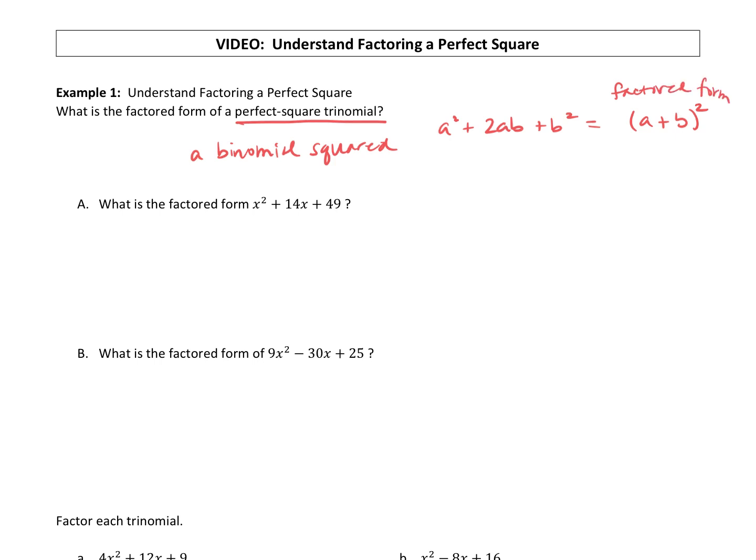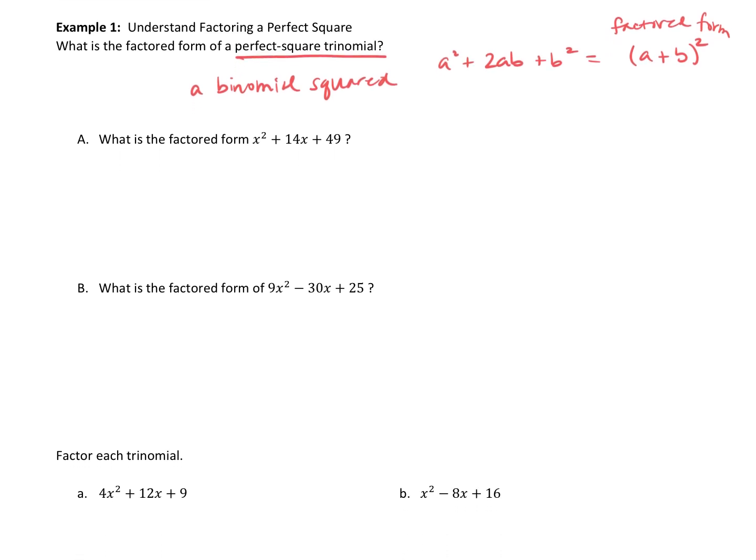Okay, so let's just put this into practice and see what we're talking about here. Part A, what is the factored form of x squared plus 14x plus 49? So the question we ask ourselves is, is this a perfect square trinomial? Well, first it's a trinomial. It's got 1, 2, 3 terms. And then here's how we check to see if it's one of those special trinomials, a perfect square trinomial.